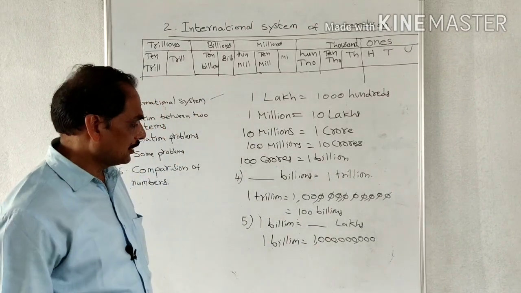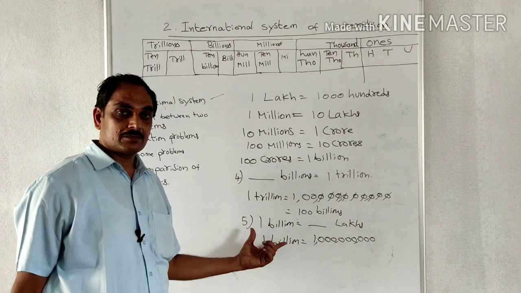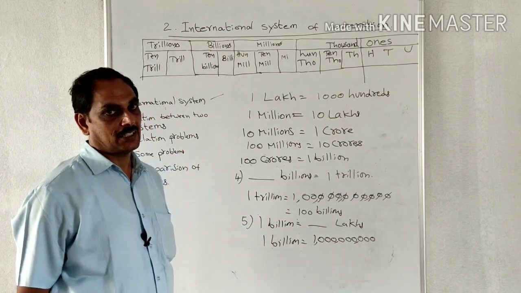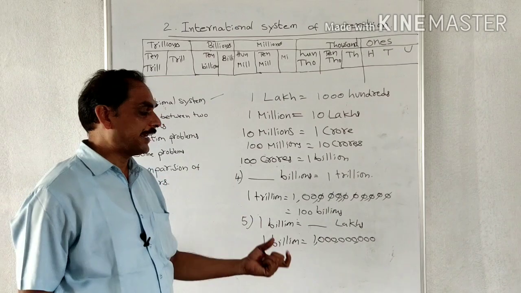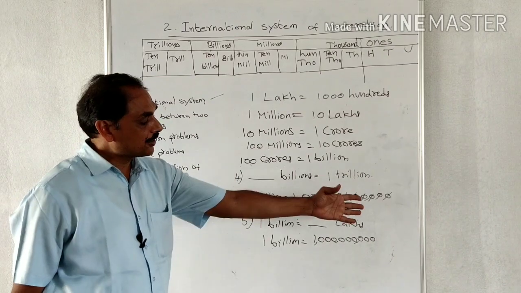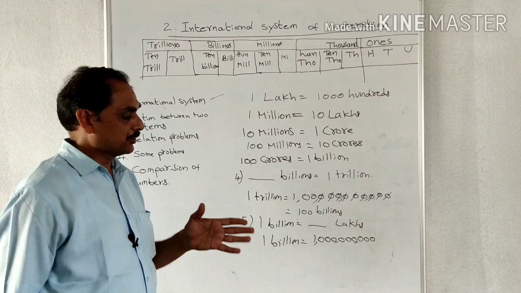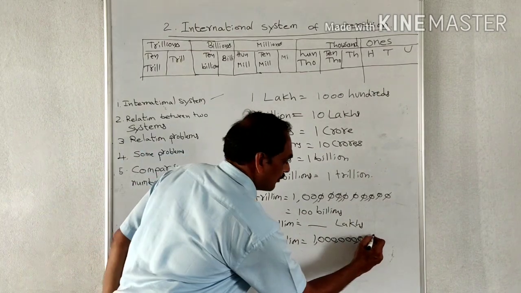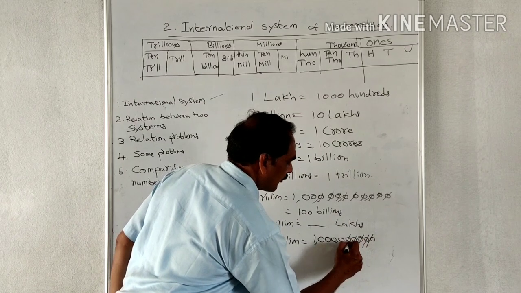Now we have to find the number of lakhs in 1 billion. 1 lakh contains 6 digits and 5 zeros. So when we erase 5 zeros from the right side of the number, we get the number of lakhs in 1 billion. So 5 zeros, 1, 2, 3, 4, 5.